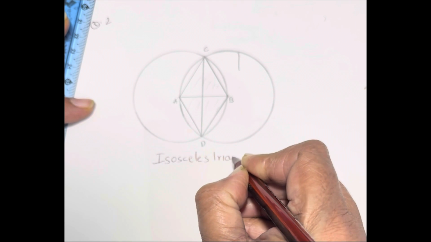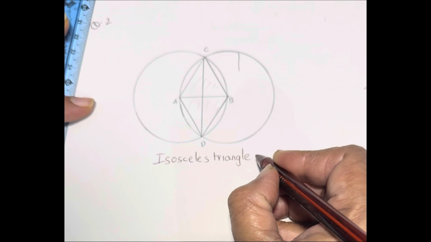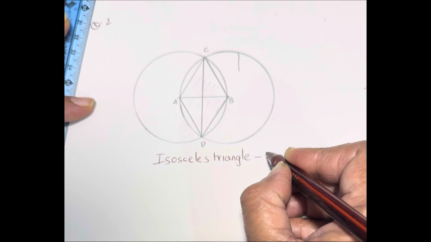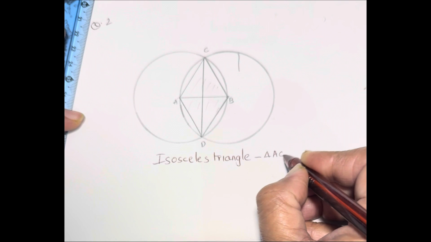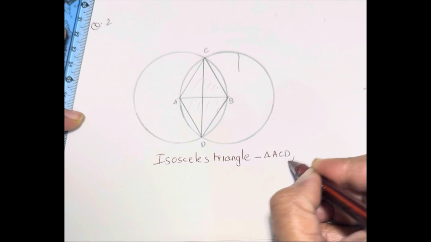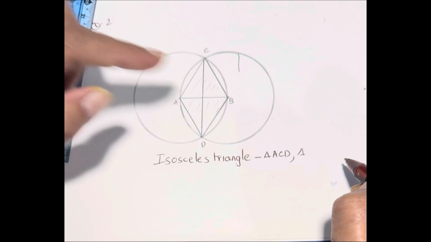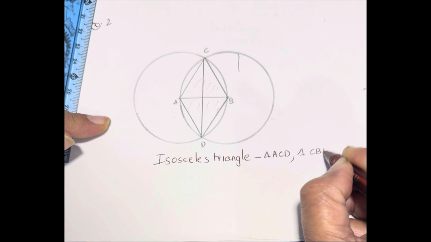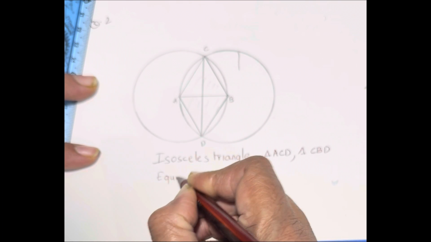So first we write the isosceles triangles, triangle ACD and triangle BCD. Okay. Then we write the equilateral triangles which are formed.